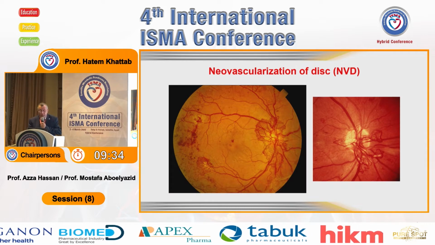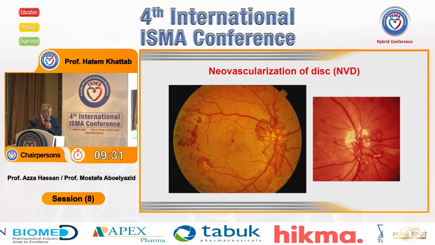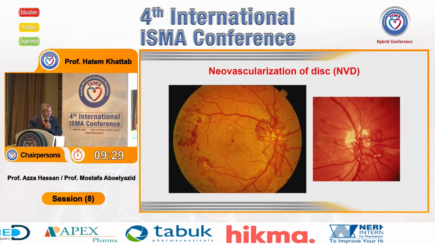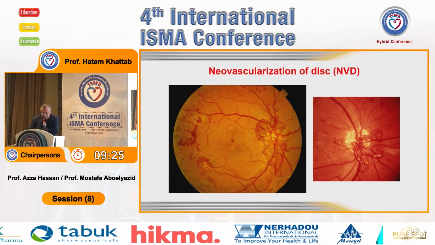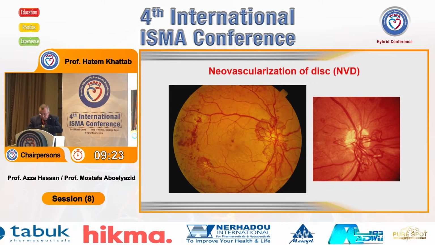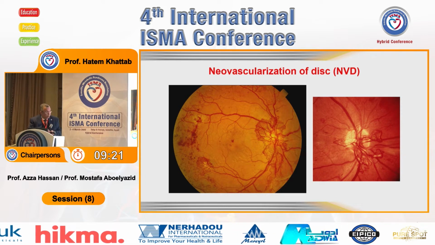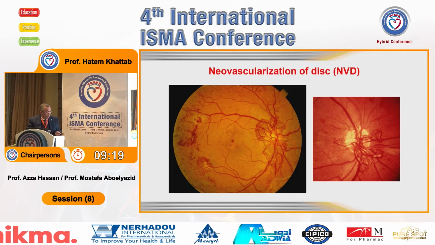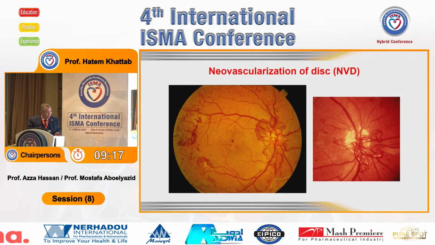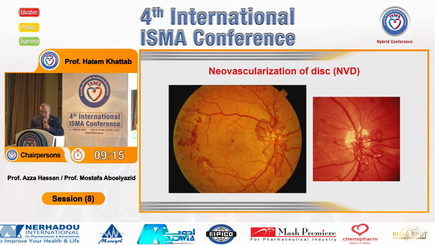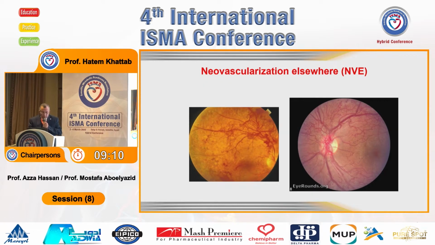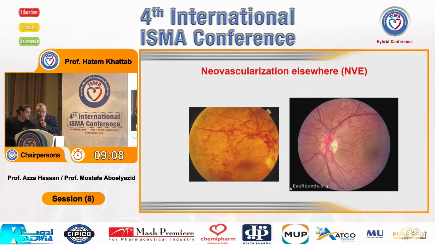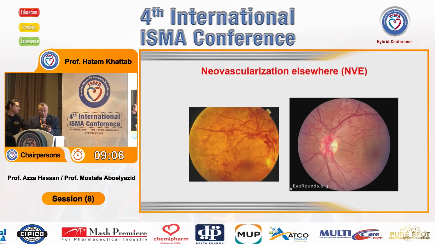In the proliferative stage, new vessels appear: neovascularization of the optic nerve head, neovascularization elsewhere in any part of the retina.